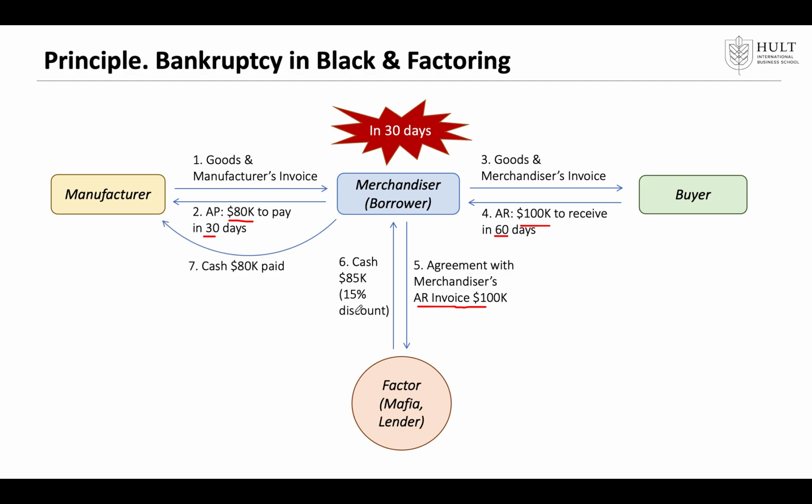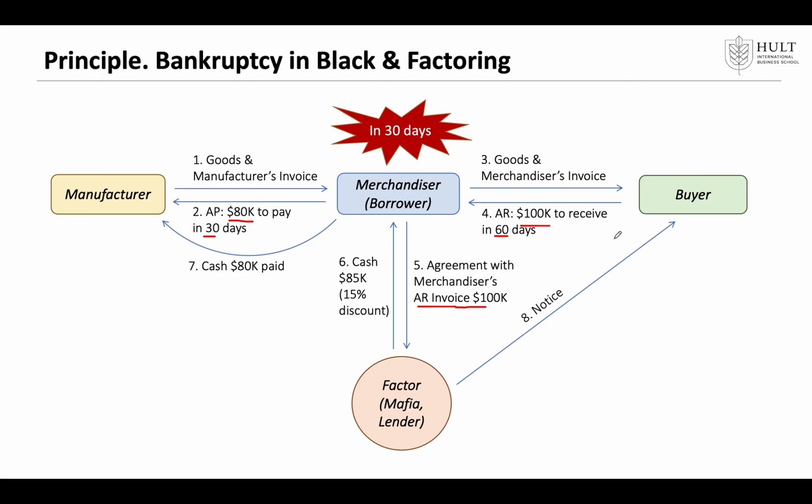Then finally, this merchandiser was able to pay 80K to the manufacturer. So now it avoids this bankruptcy in the black. Now the factor gives notice to the buyers: I have your invoice.